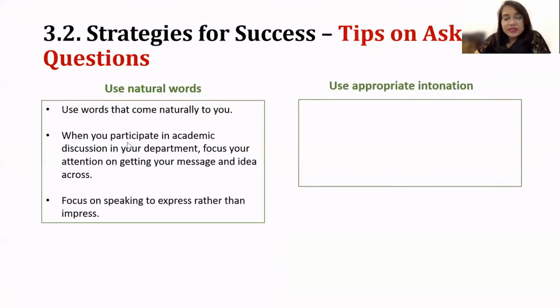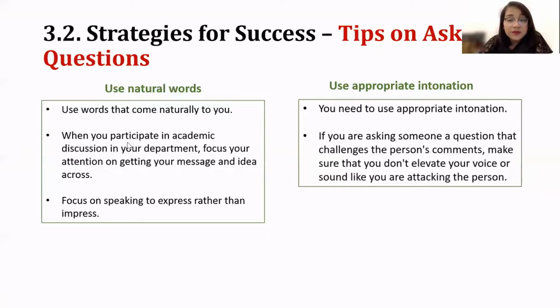The next step is use appropriate intonation. The content of your question is very important, but using the right intonation is equally important. If you are asking someone a question that challenges the person's comments, make sure that you don't elevate your voice or sound like you are attacking the person.